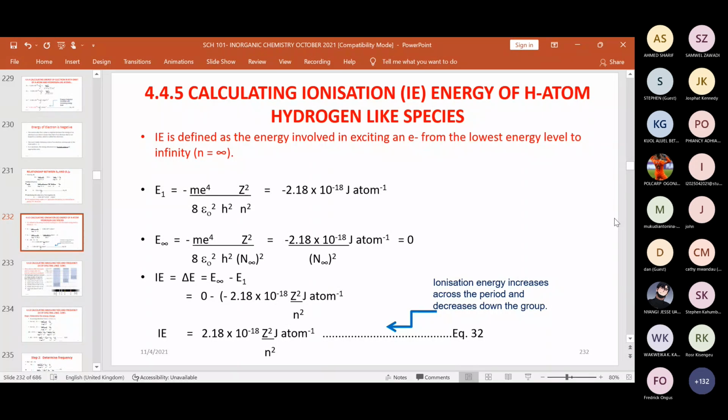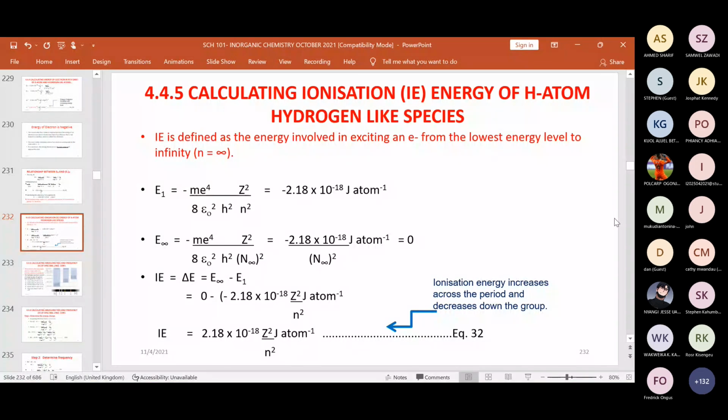remember, you are changing the element, but the energy level is also changing. The value of N is increasing, and so the electrons are now occupying energy levels which are far away from the nucleus. Therefore, the amount of nuclear charge they experience is less.